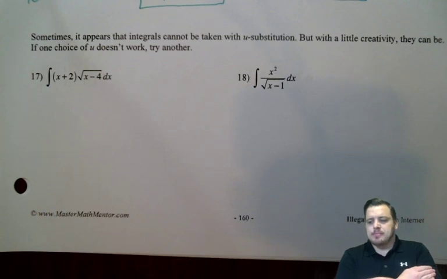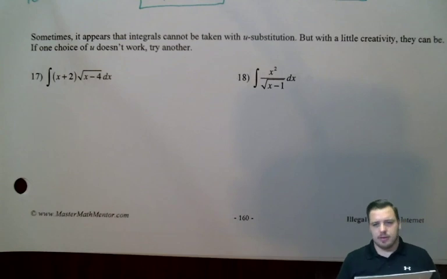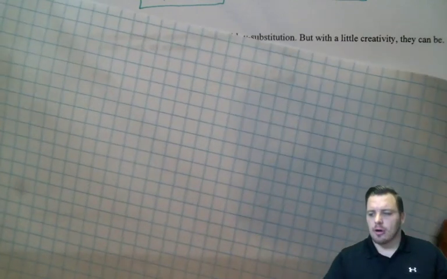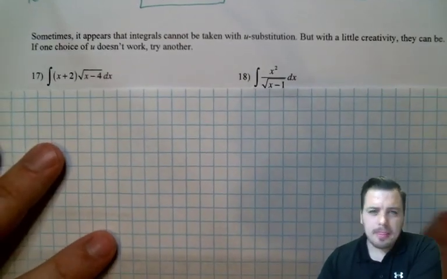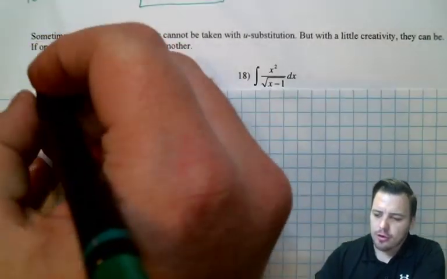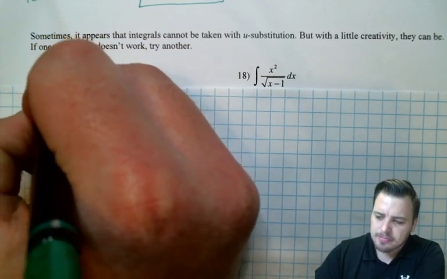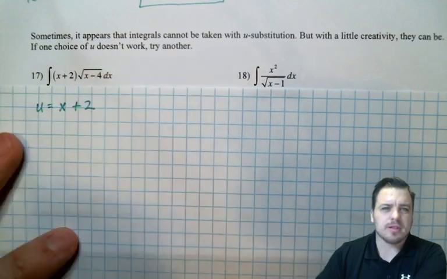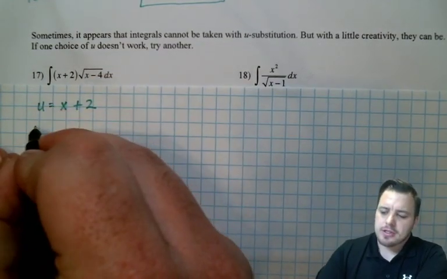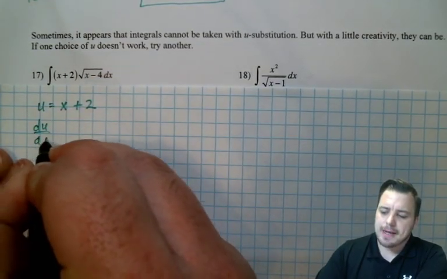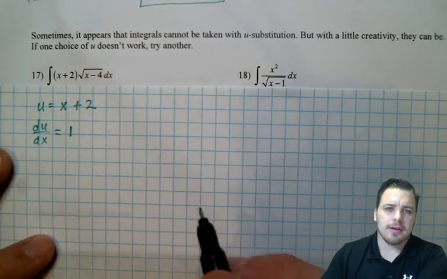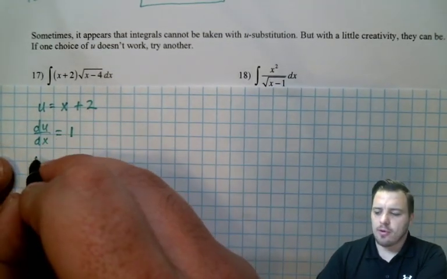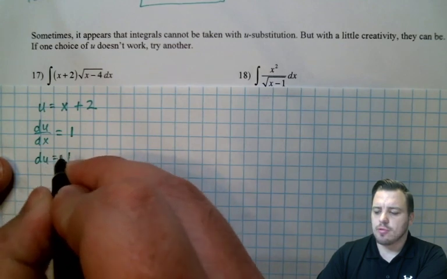So this is actually a pretty interesting problem. Let me get a sheet of paper here. So let's say that I go with u being x plus 2. For this problem, u is x plus 2. So the derivative of u with respect to x is equal to 1. Therefore, du is equal to 1 dx.